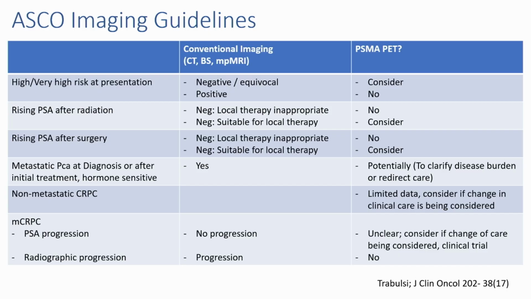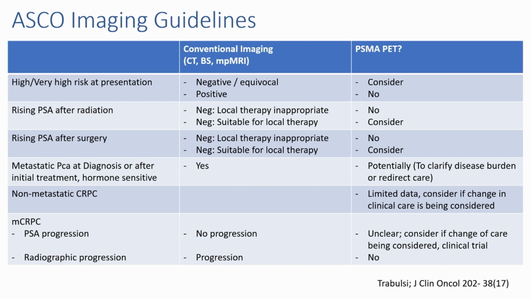So there are various other bodies, the ASCO imaging guidelines, basically for very high and very high risk of presentation. If conventional imaging is negative, you can consider a PSMA PET. If it's positive, you don't need one. For rising PSA after radiation, if it's negative and local therapy is inappropriate, once again, you don't get a PSMA PET. If they're suitable for local therapy, then you do consider it.